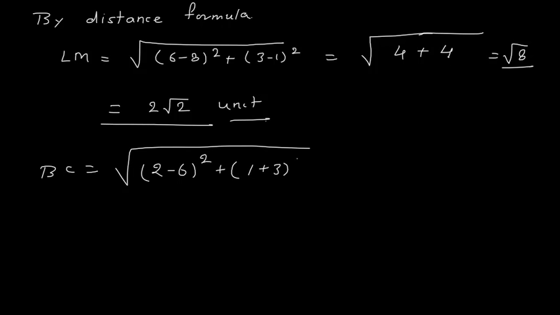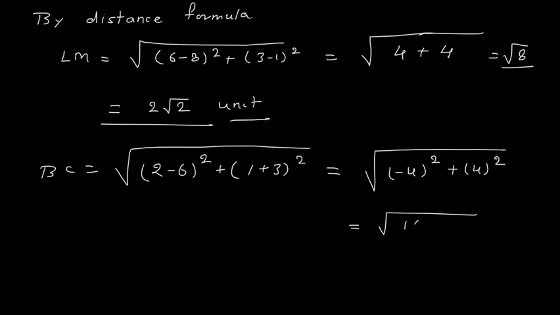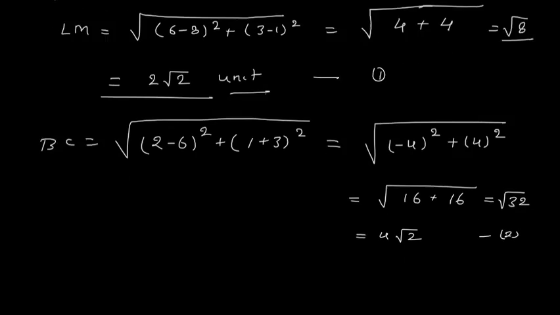So this will become 2 minus 6 is minus 4 the whole square plus 1 plus 3 is 4 the whole square. So this will become 16 plus 16, that is root 32, so it is 4 root 2. Okay, this we call 1 and this we call 2. So from 1 and 2 easily we can see that LM is half of BC.